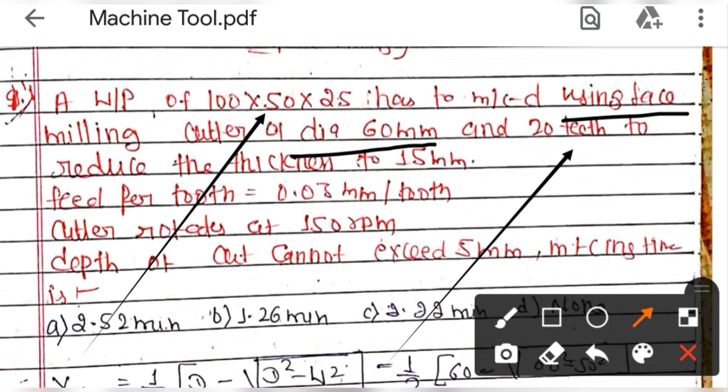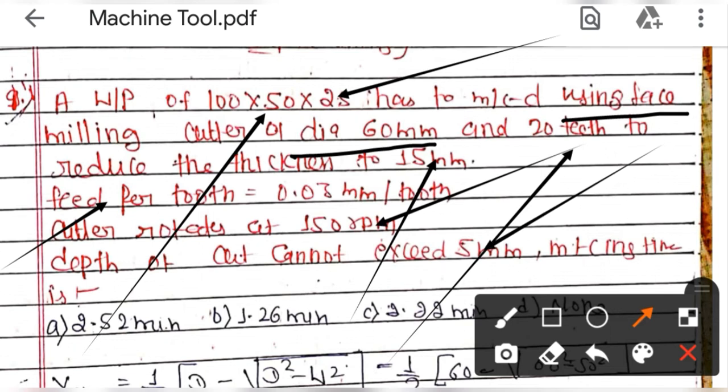So the initial thickness is 25 mm, and through the milling cutter we have to reduce the final thickness to 15 mm. Then feed per tooth, ft, is given as 0.03 mm per tooth, and the cutter rotates at 150 rpm, so n is 150 rpm. Depth of cut cannot exceed 5 mm, so depth of cut is 5 mm.